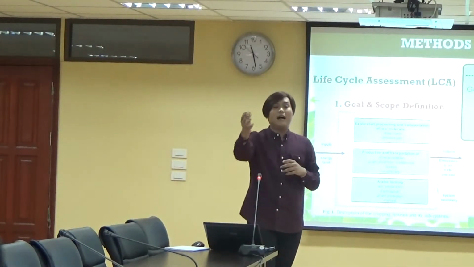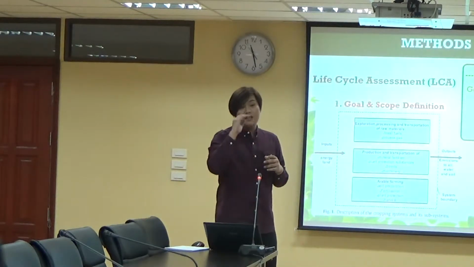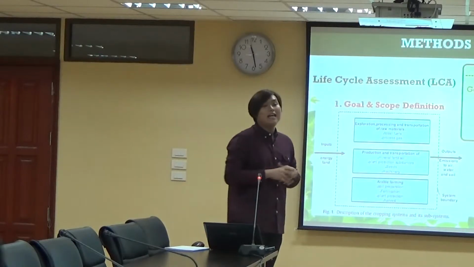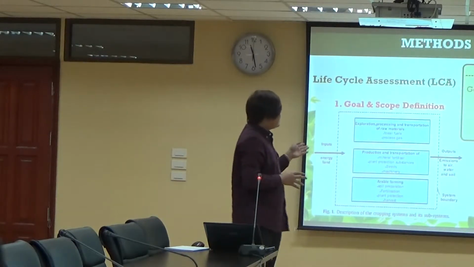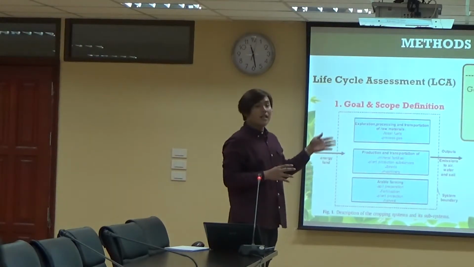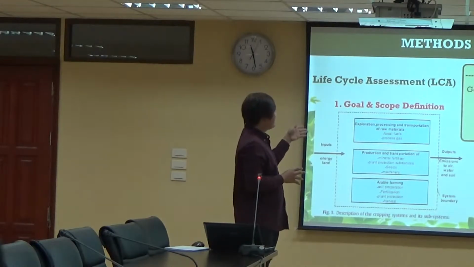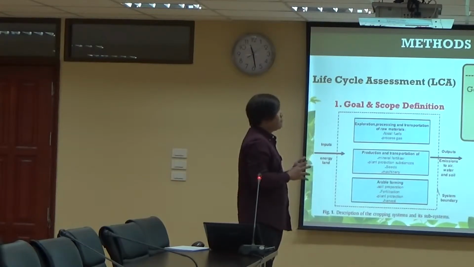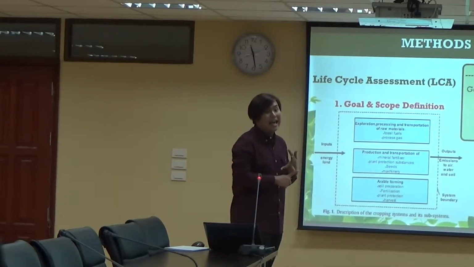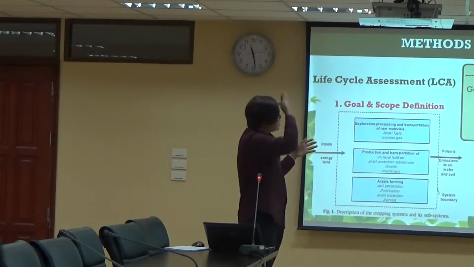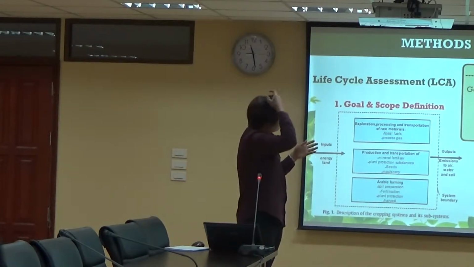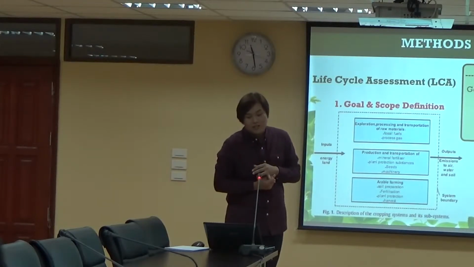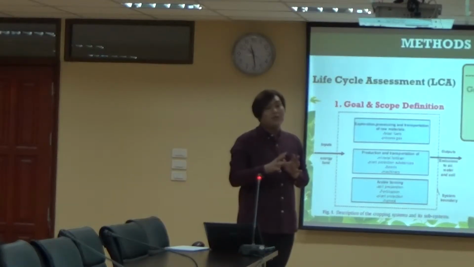For the method, they use the LCA. You can see this picture, the first one is goal and scope definition. You can see the system boundary. In the system boundary, they set the exploration, processing, and transportation of raw material, for example, fossil fuel, processed gas. The next one is production and transportation of mineral fertilizer, plant protection substance, seeds or machinery.